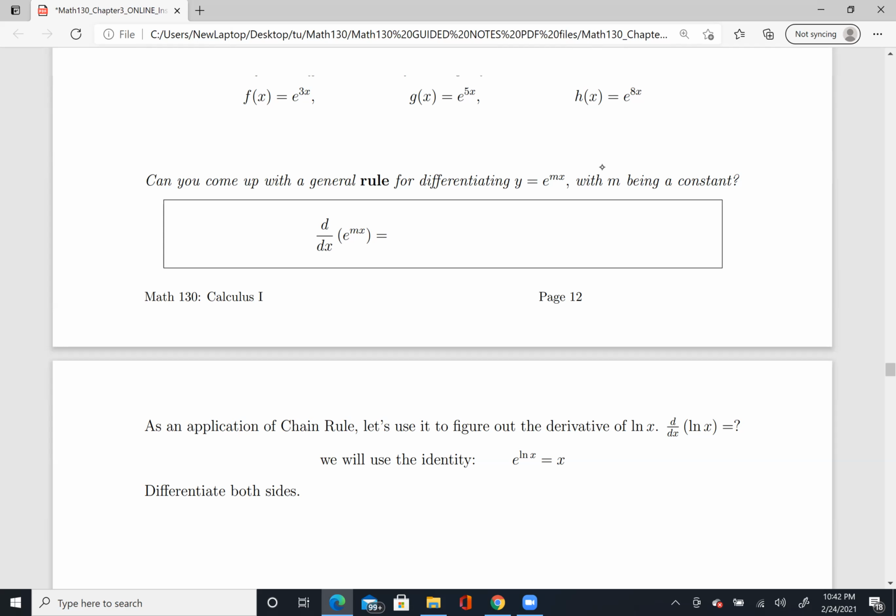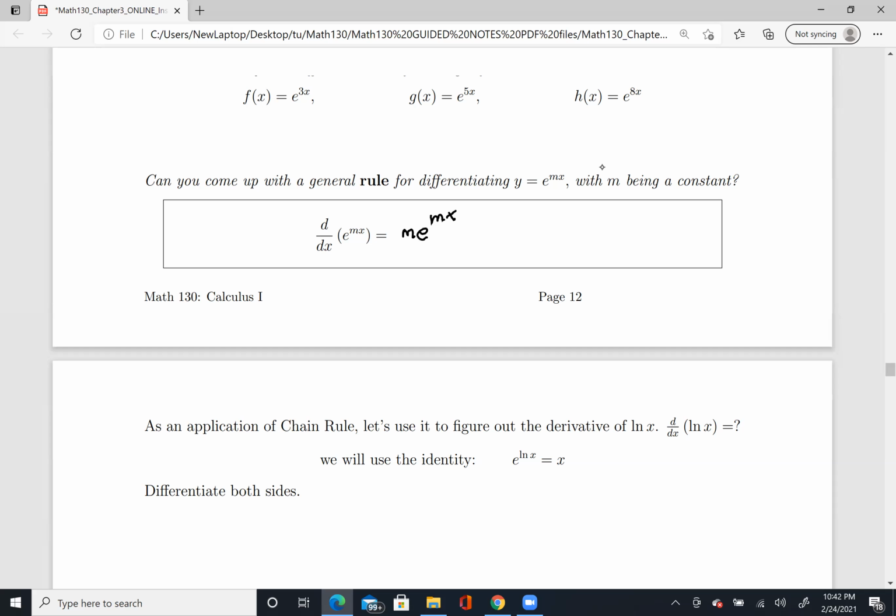And I will come up with a general rule for differentiating y equal to e to the mx. That's going to be m times e to the mx. Why is that?